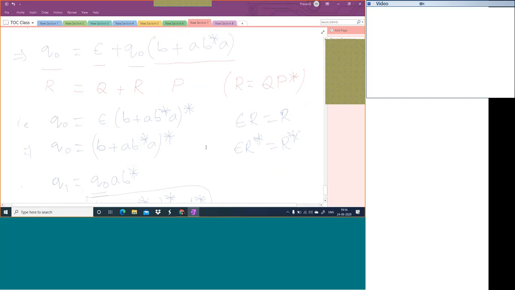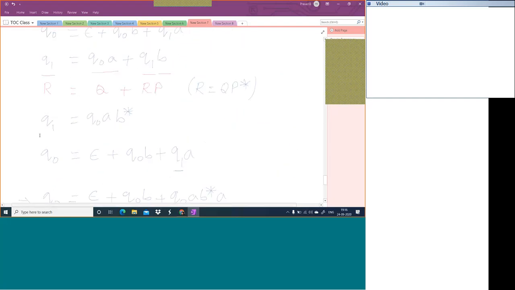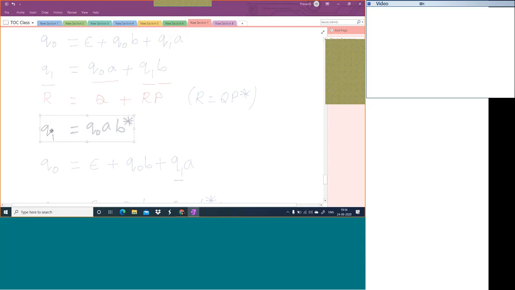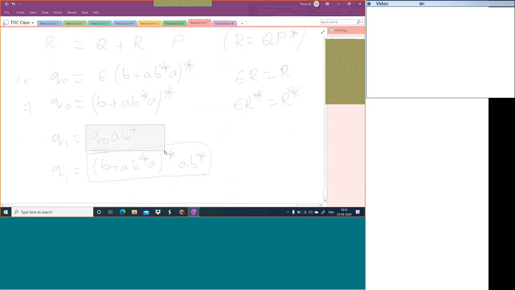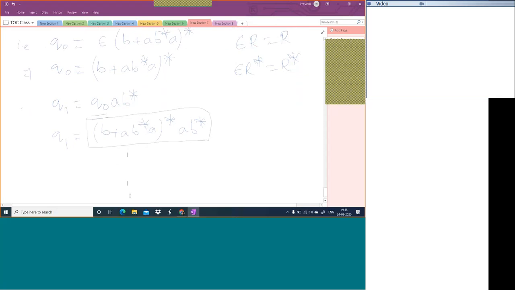Actually, what do we require? We require the solution for the final state. What is the final state here? Q1. Q1 expression is what? Q naught AB star. So Q1 equal to Q naught AB star. Now what is Q naught? Just now we have this one. So I substitute B plus AB star A whole star, followed by AB star. So this is the answer for the expression.